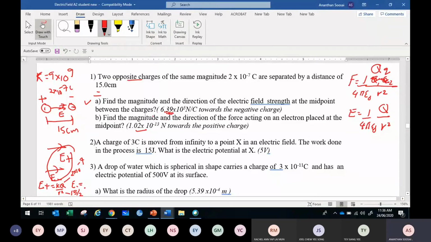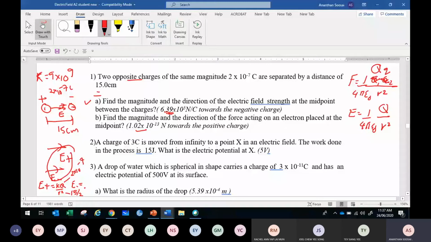Okay, so anyone got problem with this? You must imagine that because they want the field at the center, one is positive, one negative, both fields at the center are going in the same direction, to the right. Therefore, both fields need to be added.